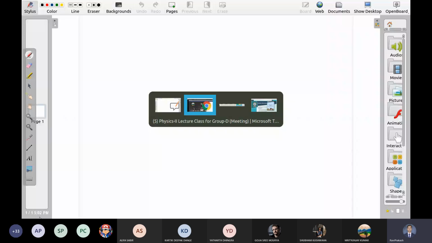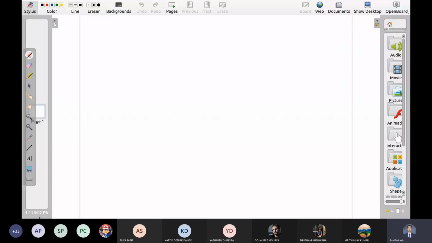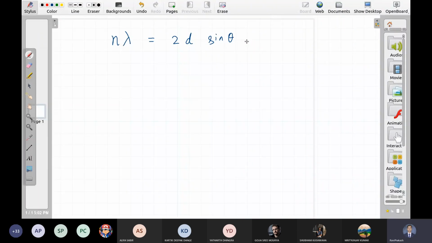I think we derived the formula for diffraction, right? For these angles, we will get high intensity when the X-ray source and detector make the same angle from the lattice planes.